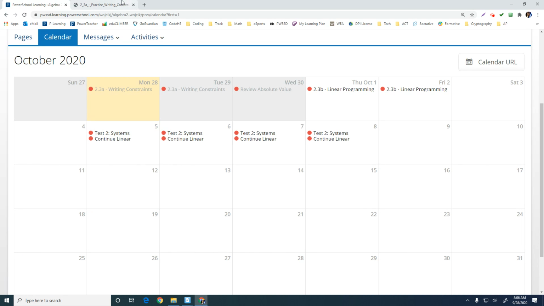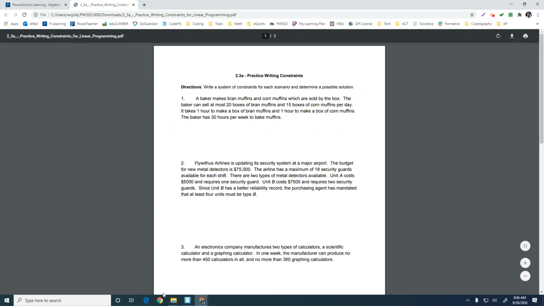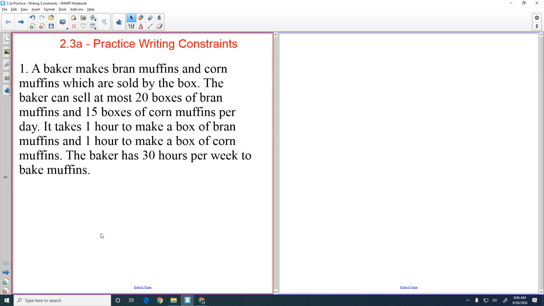All right, of those word problems that I handed out today, we'll focus on number 1. First thing we need to do on each of these problems is to define our variables. What does x equal?